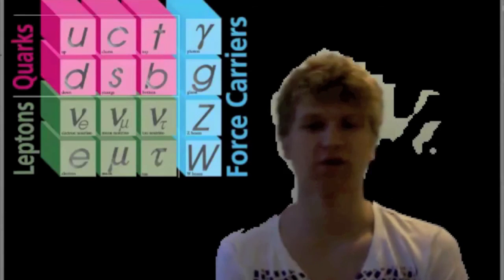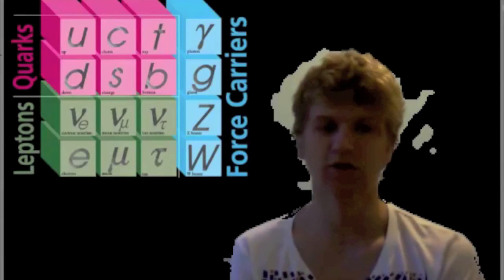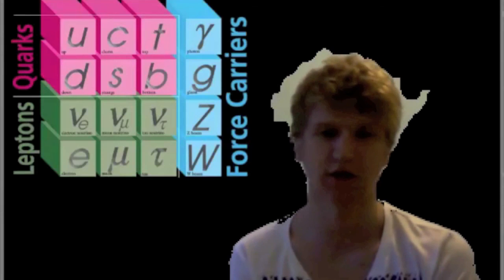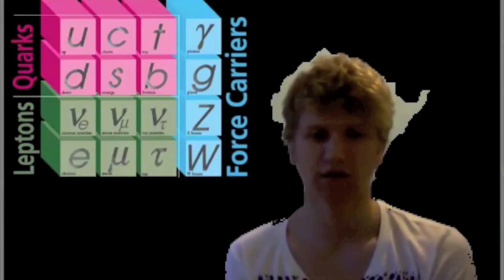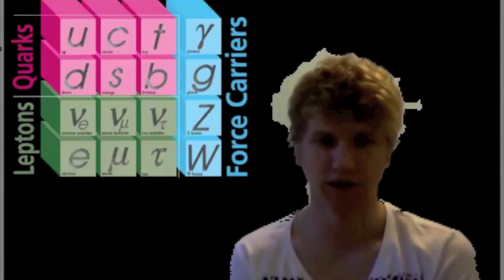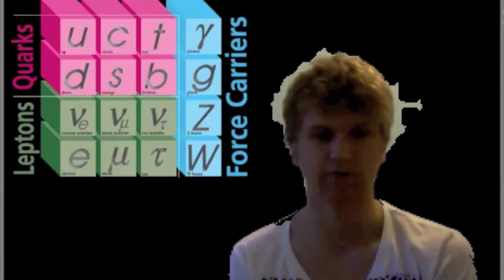Below the gluon are the Z and W bosons. These are responsible for the weak nuclear force, but which boson is used is dependent on the interaction. The Z boson is its own antiparticle, as it has no charge, but the W plus boson is the antiparticle of the W minus boson.